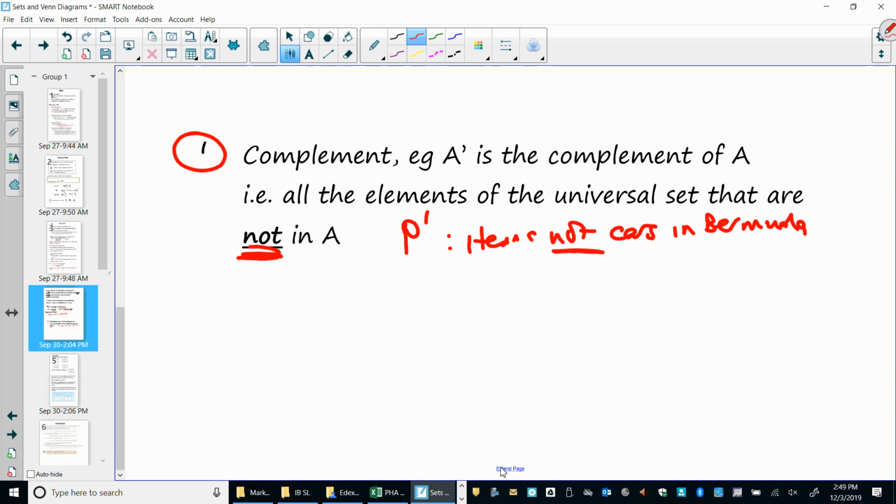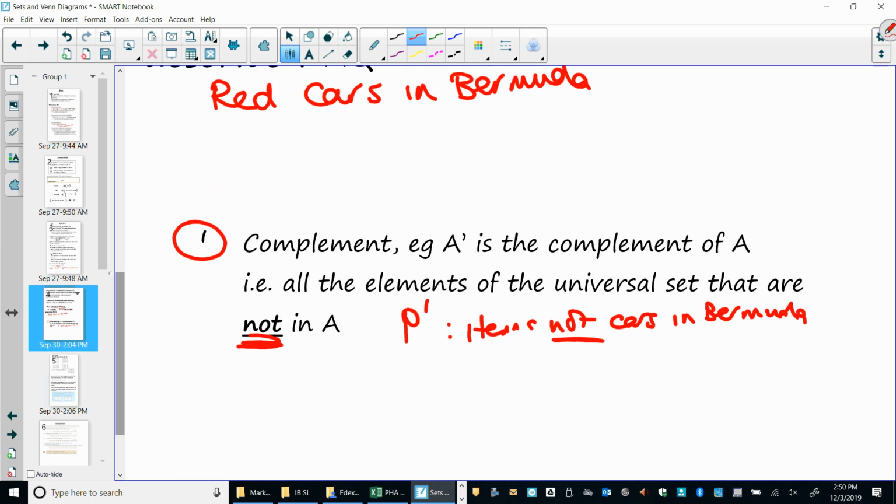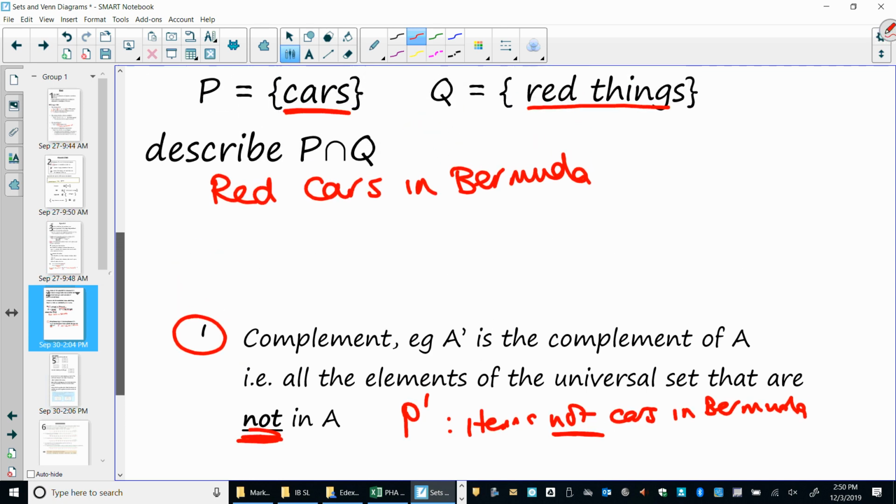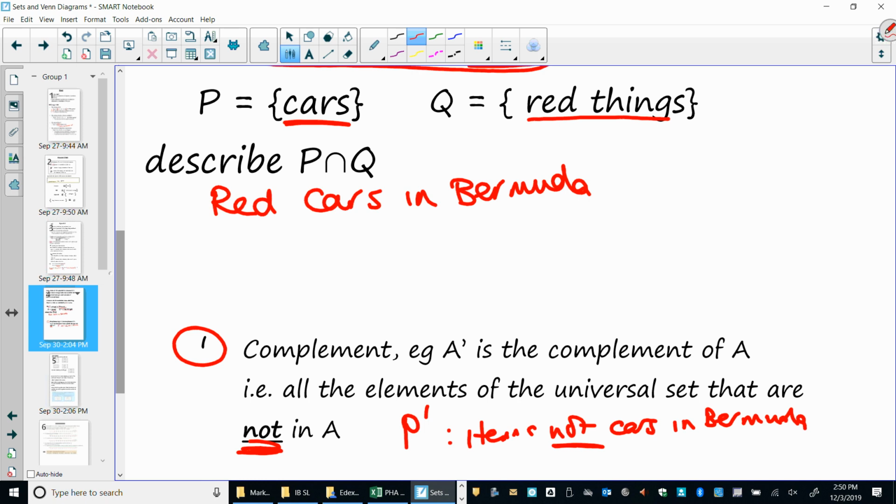If the other part was the red thing, you have to ignore that if they're just talking about P dash. It just means you're focusing on that set. It doesn't matter what the other set was, so the fact that this said red things is neither here nor there. You just ignore it.